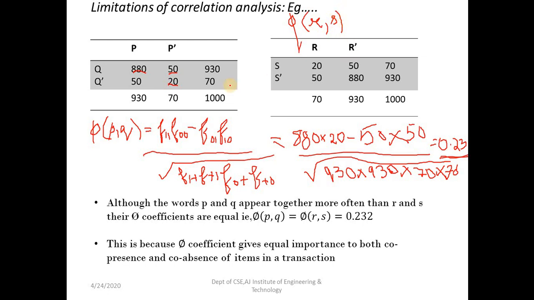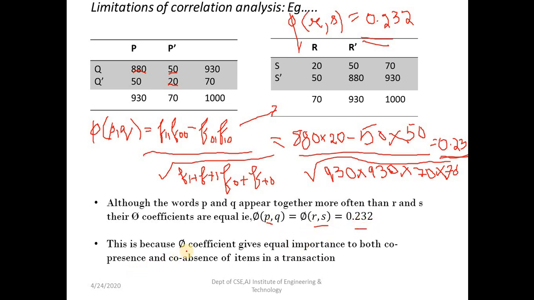If I calculate phi of r comma s based on this formula, I will get the same answer, that is 0.232. So here we can see that the phi coefficients of both the word pair p comma q and r comma s is 0.232.